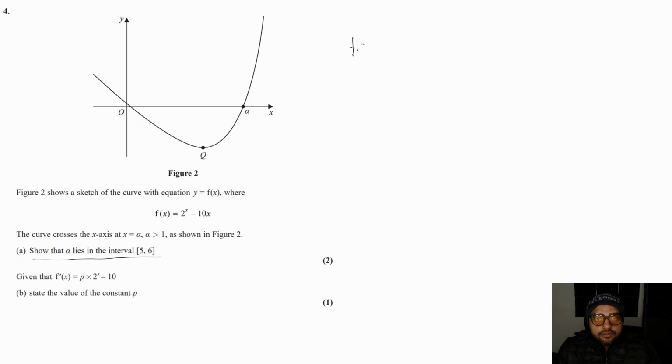So for f(x), they have given this function, 2 raised to the power x, negative 10x. Now, if alpha lies in the interval 5, 6, including both the numbers, then if I plug in f(5), we'll get 2 raised to the power 5 negative of 10 cross 5.